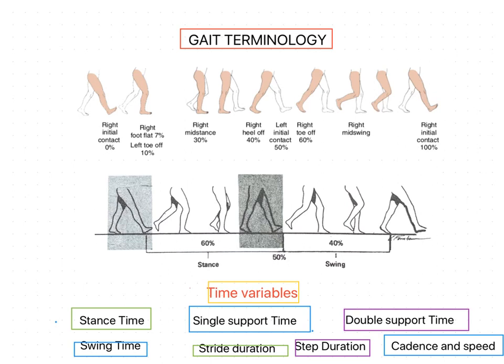Each variable may be affected by such factors as age, sex, height, size and shape of the bony components, and also distribution of mass in body segments, joint mobility, muscle strength, type of clothing and footwear, habits and psychological status. So all these are going to affect these variables.